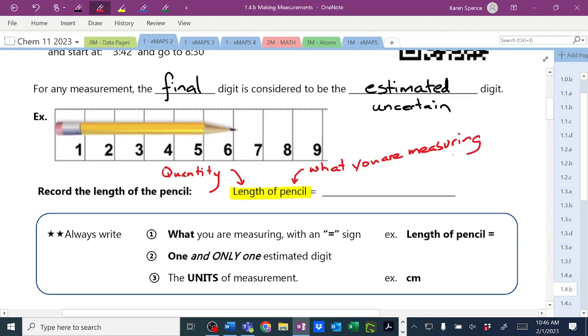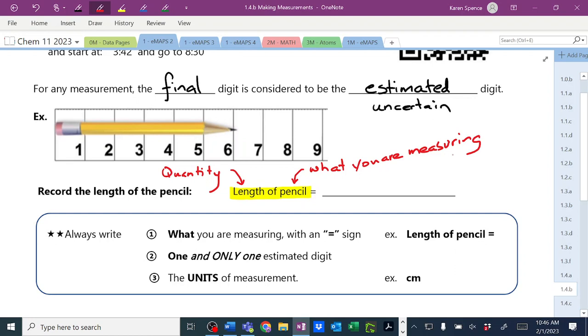So you might say volume of water. You might say time it takes for a dog to run across the classroom, right? So you're always writing down the quantity and what you are measuring. Here we are measuring the length of a pencil.